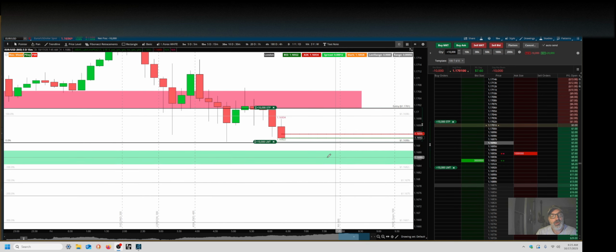So we'll let this go. I believe we're going to hit the target here. It just has to hit it on the ask. All right, so we need to come down at least 3 more ticks here, and then we'll get out of the trade.